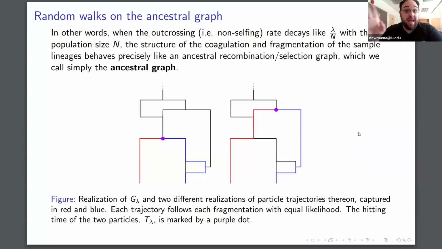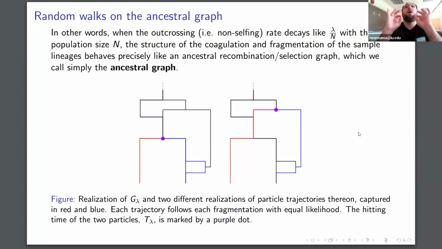So when the outcrossing rate decays like lambda over n with the population size, the structure of the fragmentation and coagulations of the trajectories of the sample lineages, of all the possible trajectories, behaves exactly like an ancestral recombination graph, which is why we call it just an ancestral graph, because it's really tracing all of the possible ancestral lineages backwards in time.